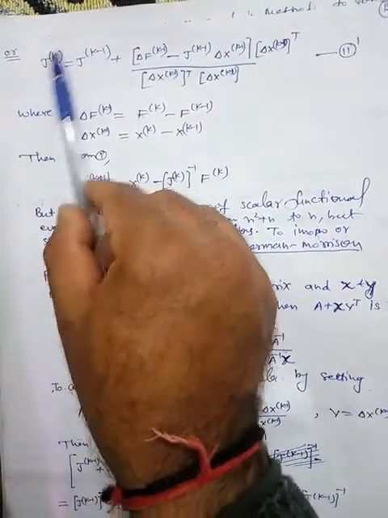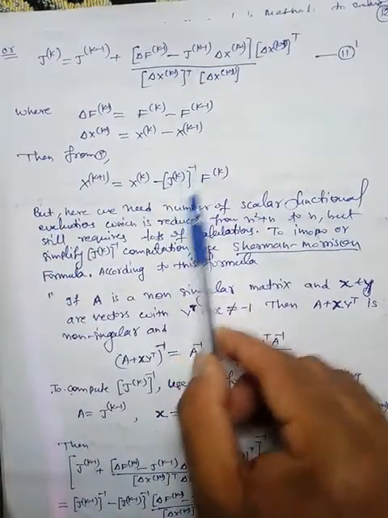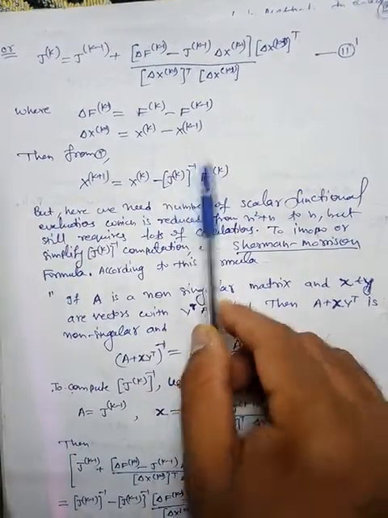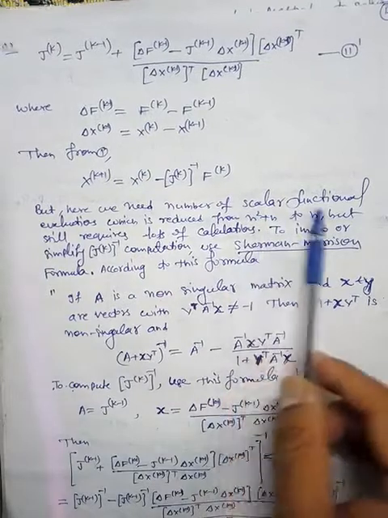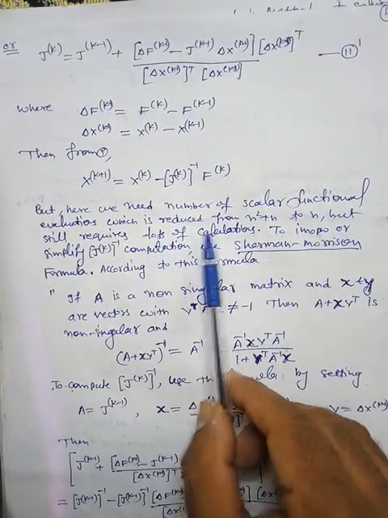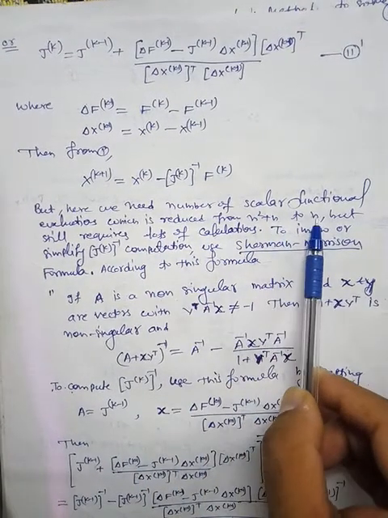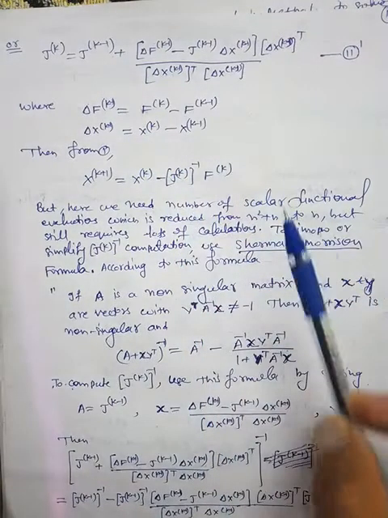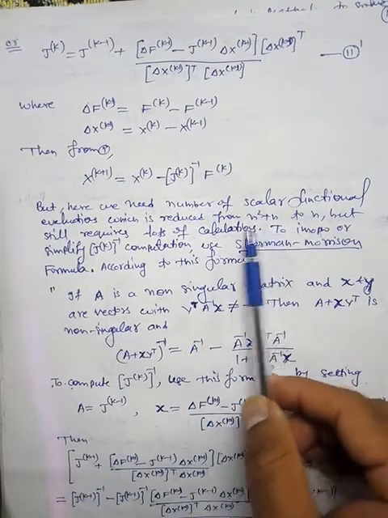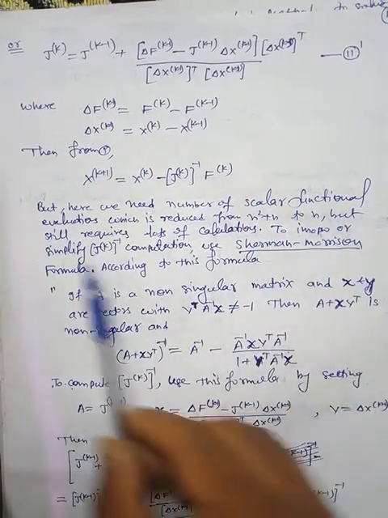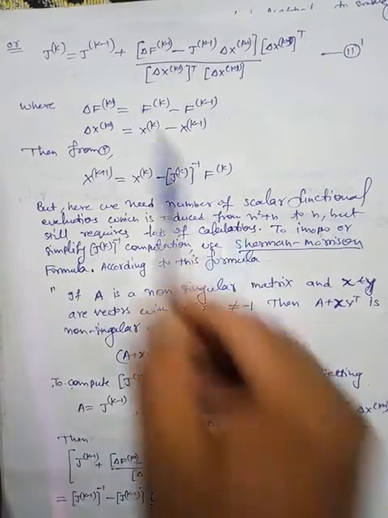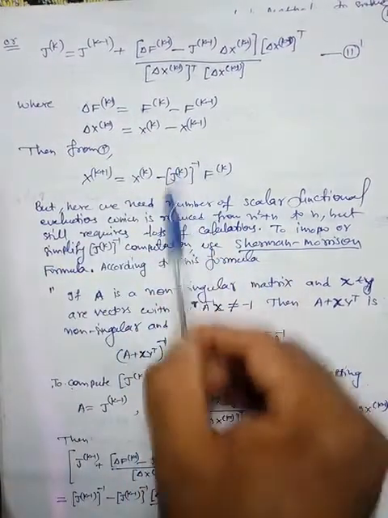We have evaluated only jk, but our target is to find jk inverse. Here the number of scalar functional evaluations is reduced from n square plus n to n. So we have actually reduced the number of functional evaluations from n square plus n to n, but we still require lots of calculation to find this inverse.